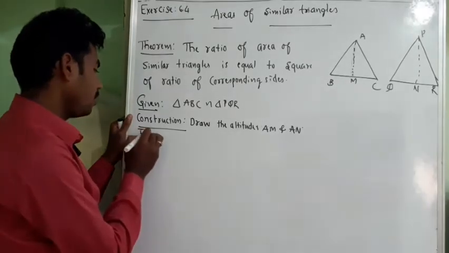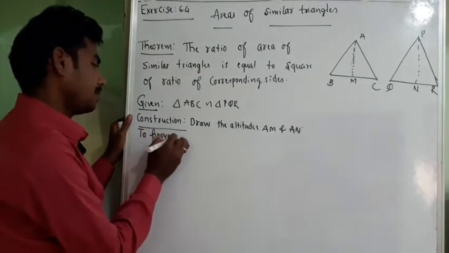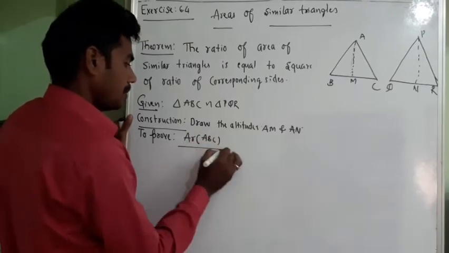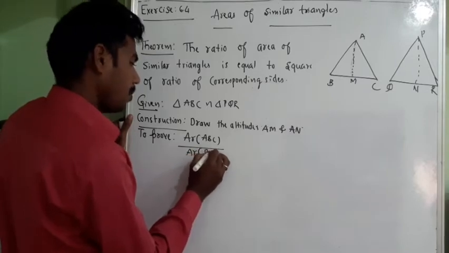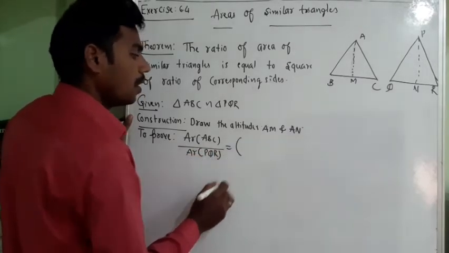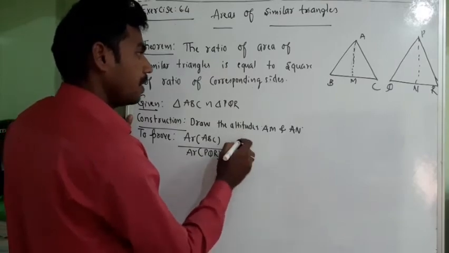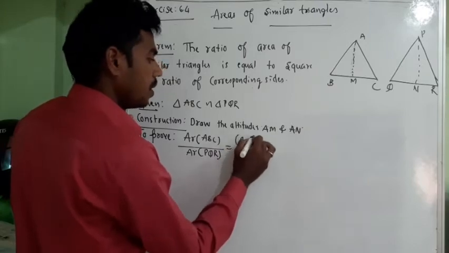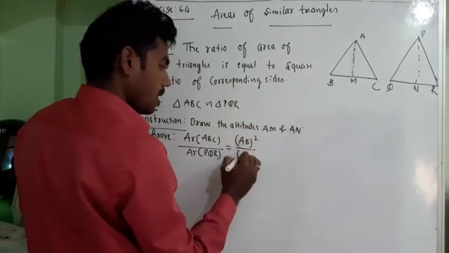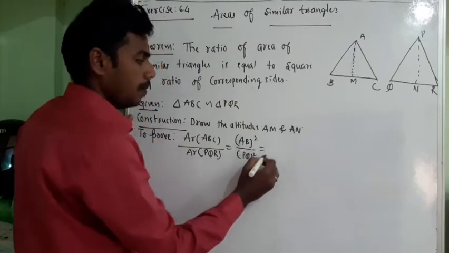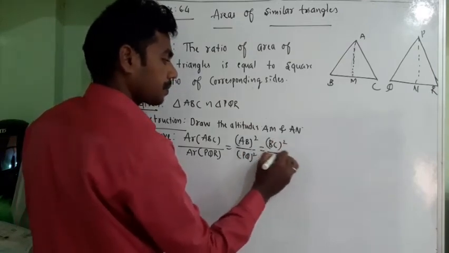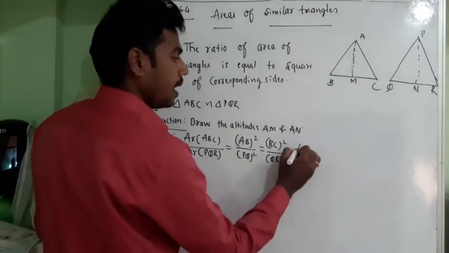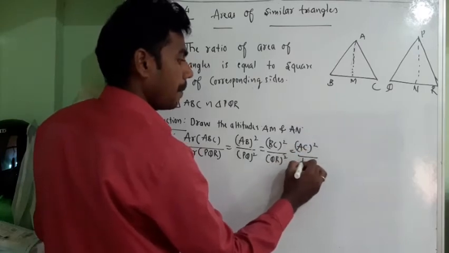So what do we need to prove? We need to prove the statement: the ratio of area of triangle ABC to area of triangle PQR should be equal to the square of the ratio of the corresponding sides, AB square divided by PQ square, equal to BC square divided by QR square, equal to AC square divided by PR square.